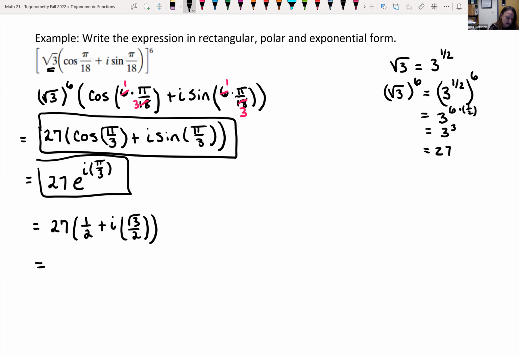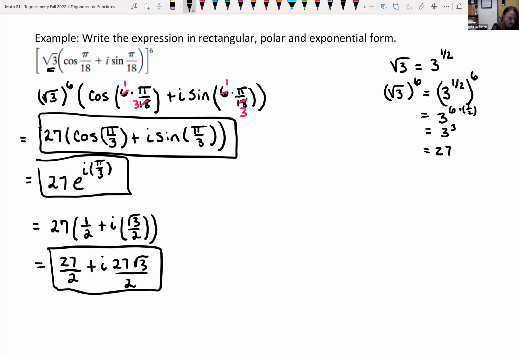So this is equal to, let's distribute our 27. I have 27/2 is my real part, plus I, 27 times √3, so 27√3, all over 2. So here's my rectangular form of my answer.